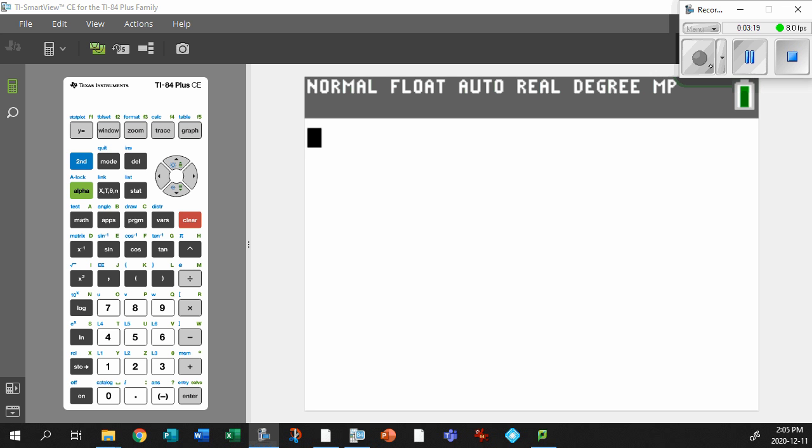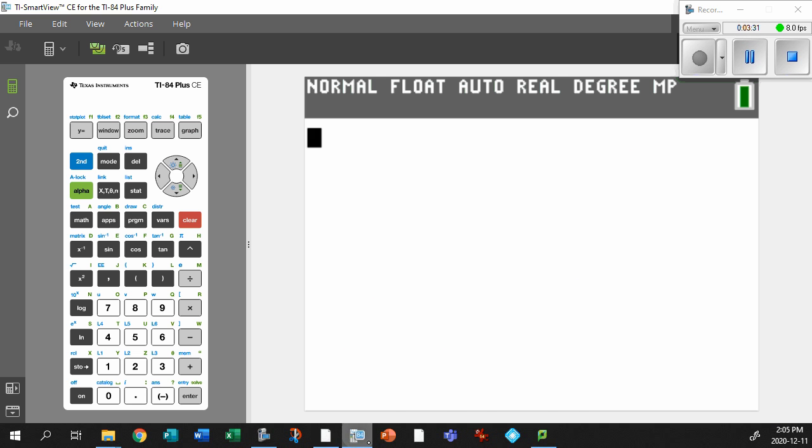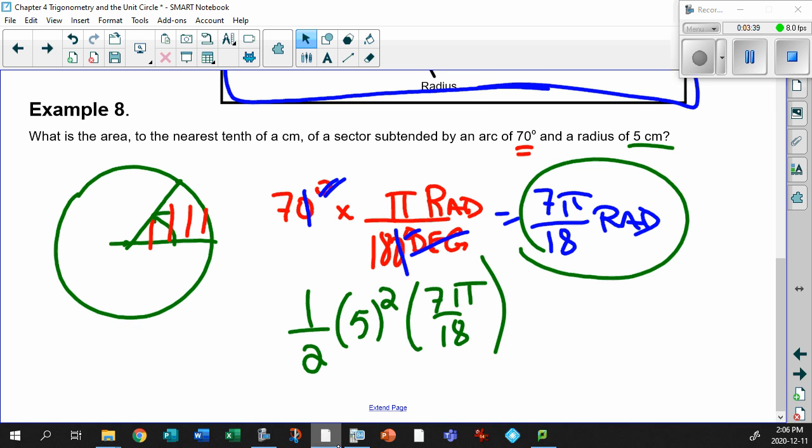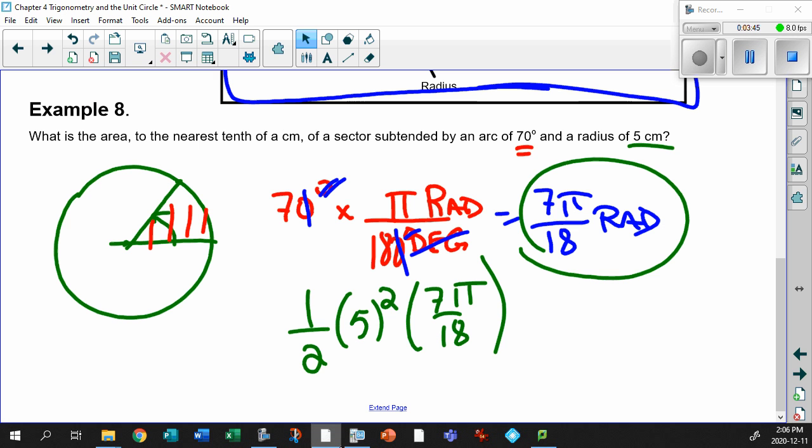Real simple. 1/2, radius squared, which was 5 squared, and last but not least, 7 pi over 18.